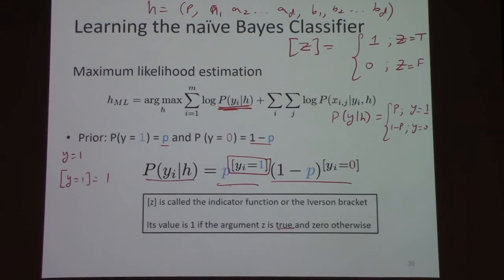I feel like this is way too complicated for a simple idea, so let me try to simplify this. I'm defining the probability of the label Y, given the hypothesis, to be P if Y equals 1, and 1 minus P if Y equals 0.